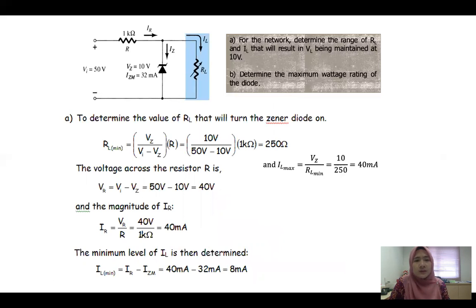For the first question, to determine the value of RL that will turn the Zener diode on, this was already derived in the previous slide. Just use the formula RL min equals this. Put in the values and you will get 250 ohm.